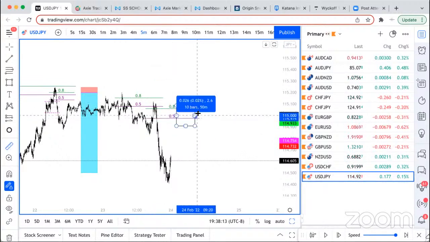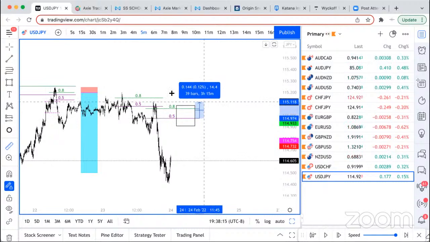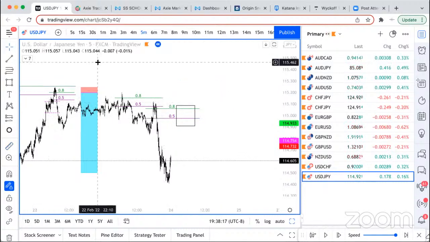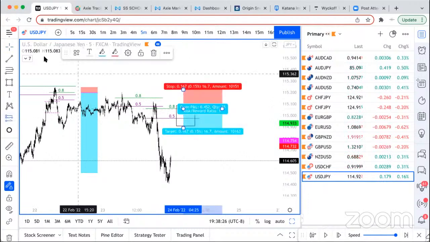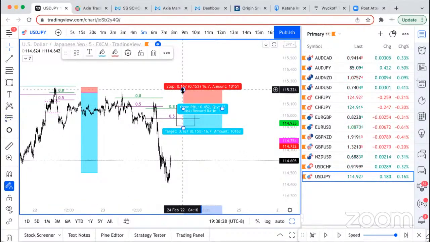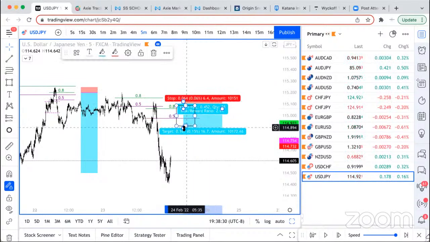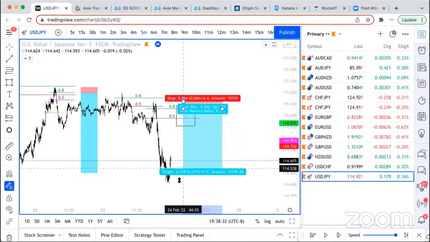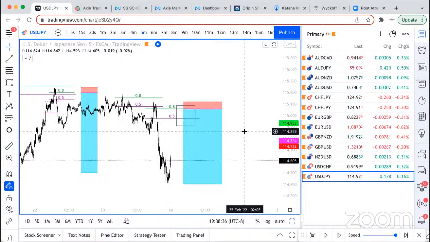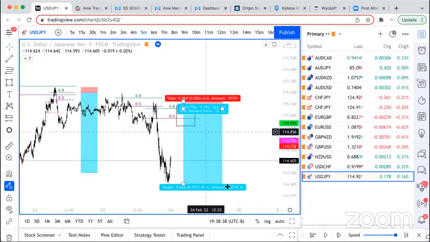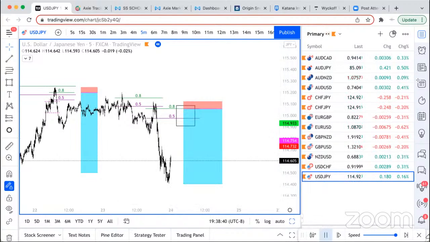It's a 6 pip stop loss. 50% is a 14 pip stop loss. So what do you say? Do you want to throw some risk at the 80? Perfect. So just throwing risk off of 80%. Now, to get 80% back down to here will barely give us our 1 to 1.0. So it's worth it. 6 pip stop loss, and we can press play.